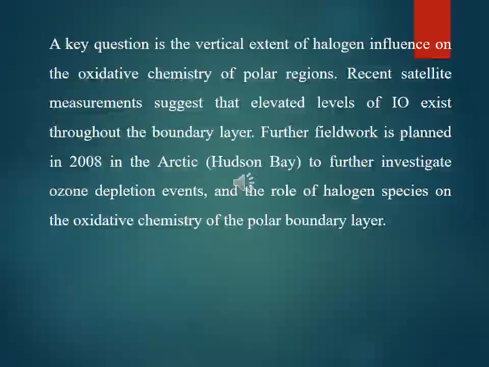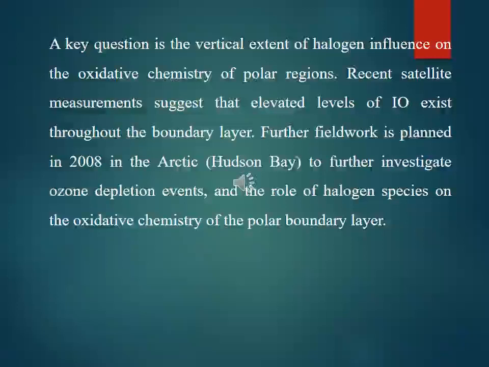Here is a key question: what is the vertical extent of halogen influence on the oxidative chemistry of polar regions? Recent satellite measurements suggest that elevated levels of iodine oxide radicals exist throughout the boundary layer.